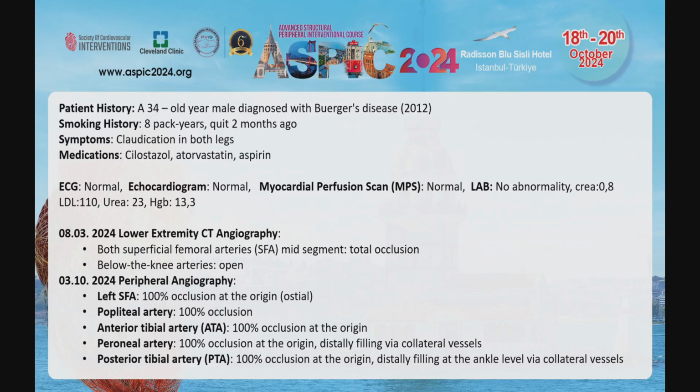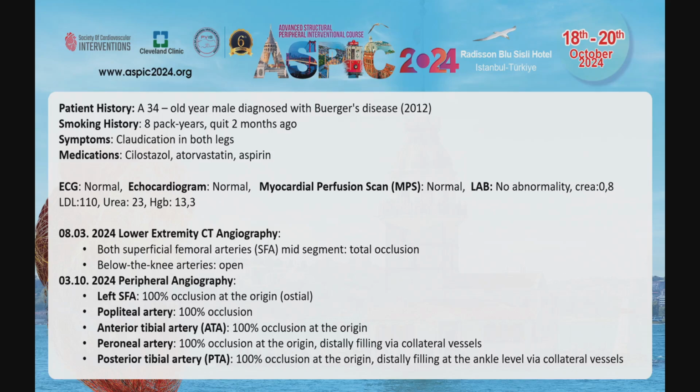Lower extremity CT angiography revealed both superficial femoral arteries with total occlusion in the mid-segment, and peripheral angiography revealed left superficial femoral artery 100% occlusion at the origin, popliteal artery 100% occlusion, and anterior tibial, peroneal, and posterior tibial arteries 100% occlusion.